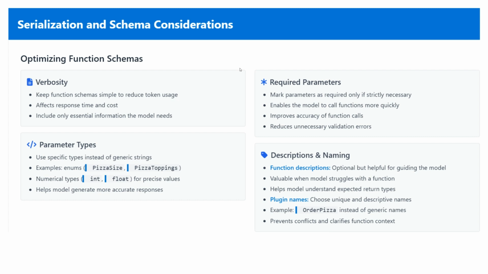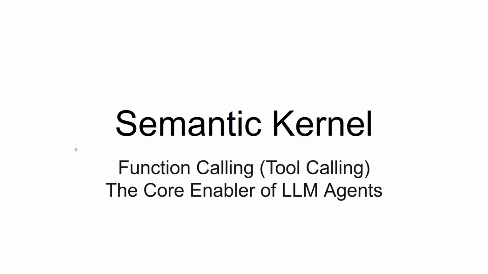This helps models generate more accurate responses. Also mark parameters as required only when necessary to enable the model to call functions faster and reduce validation errors. And finally, use clear and unique names for plugins and functions. While function descriptions are optional, they can be a valuable tool to guide the model, especially when it struggles to understand a function's purpose.